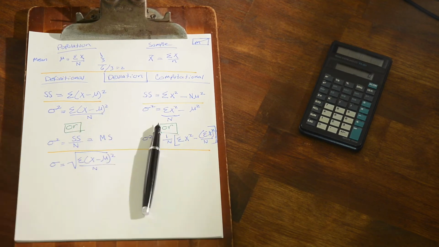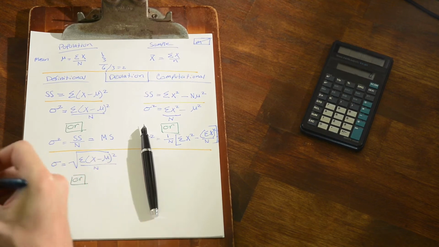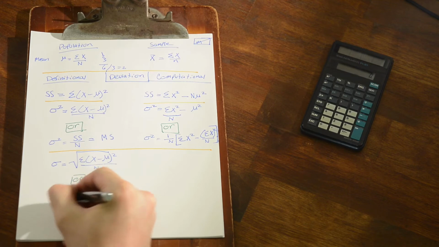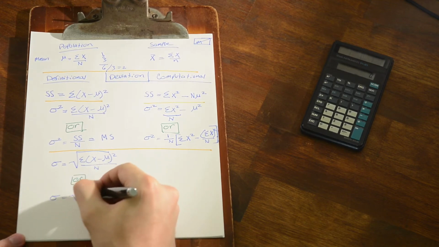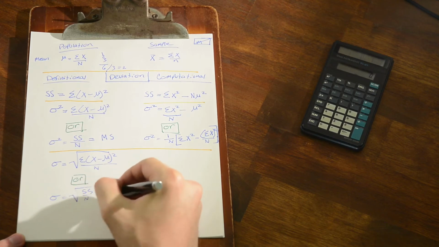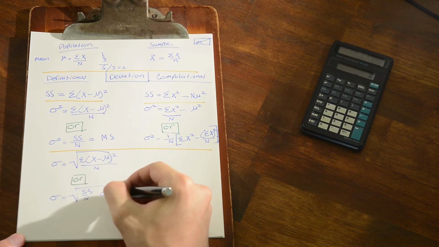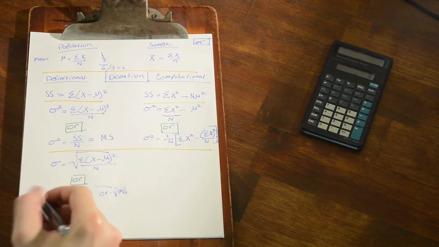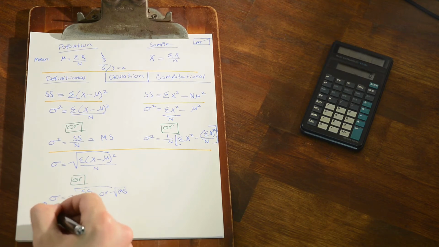Or the other formula, where we have sigma, our standard deviation, is equal to the square root of the sum of squares over n, or the square root of the mean squares. This is why our standard deviation is sometimes called the root mean square.